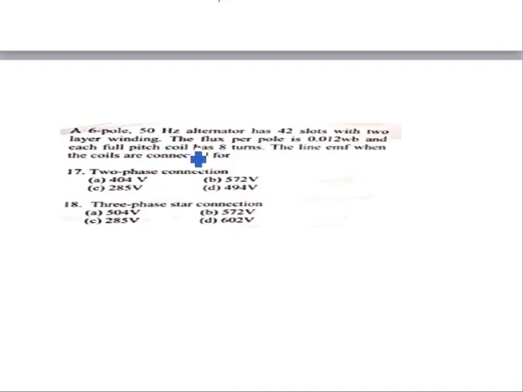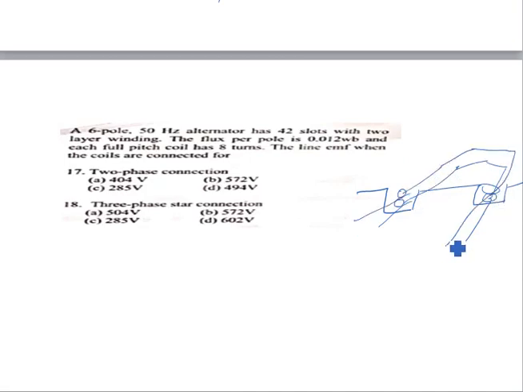So one thing is complex here: in single layer winding, each slot contains 2 conductors. Now this is 2 layer, double layer winding.